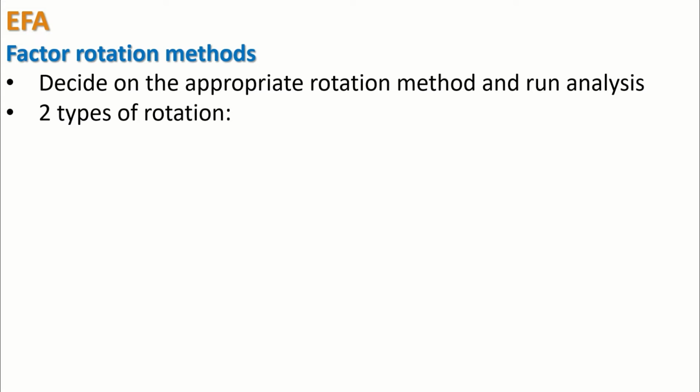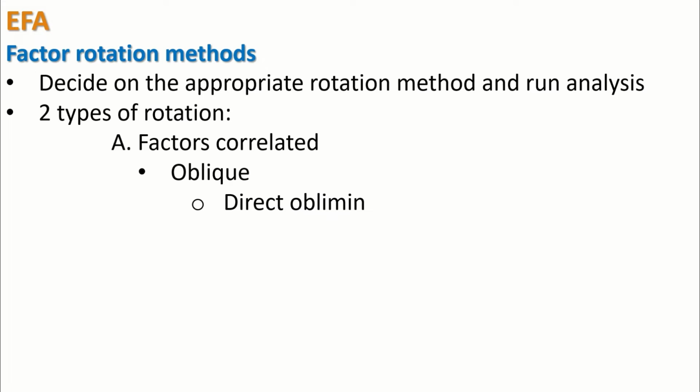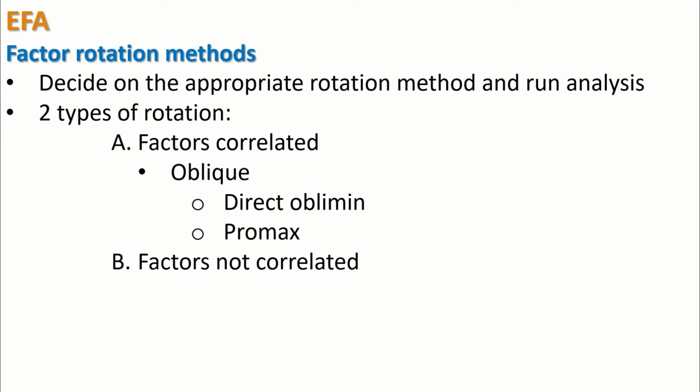There are two types of rotation. When the factors are anticipated to be correlated, then go for the oblique method. The oblique method can be direct oblimin or Promax. When the factors are not related, then the orthogonal rotation method can be used.